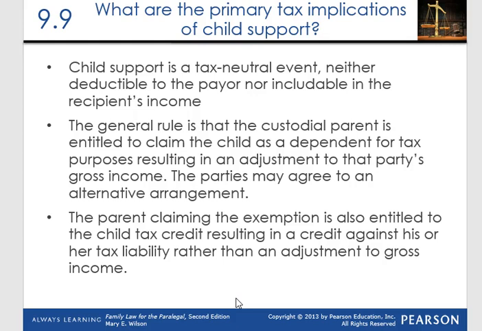Even if that party isn't paying their child support or isn't current on their support, if they're receiving another tax benefit or tax exemption, then that will make for a larger tax refund that they can then intercept and utilize to cover the child support obligation or any arrearage that is due and owing. The parent claiming the exemption is also entitled to the child tax credit, resulting in a credit against his or her tax liability rather than an adjustment to gross income.